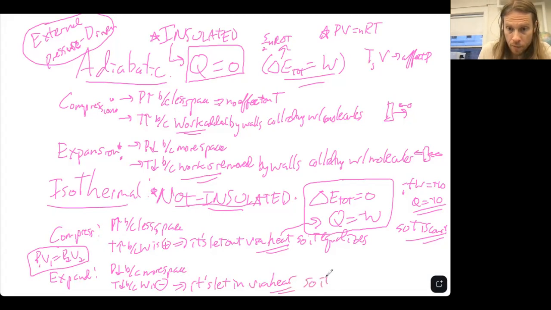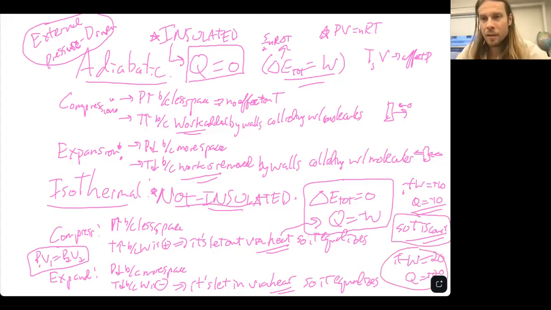So it equalizes. Again, if W is negative 20, then Q will be positive 20. So T is constant. Done. That's the quick notes for isothermal and adiabatic.